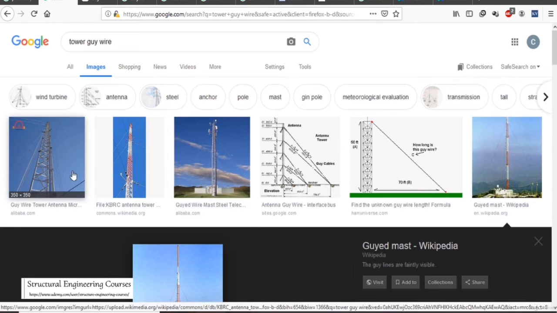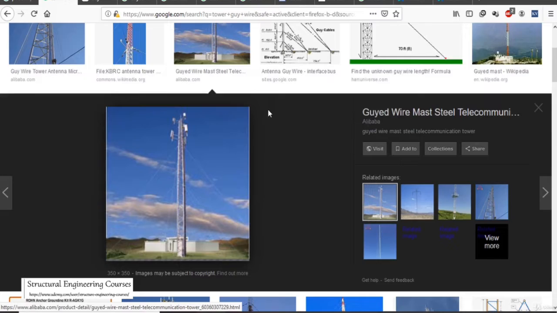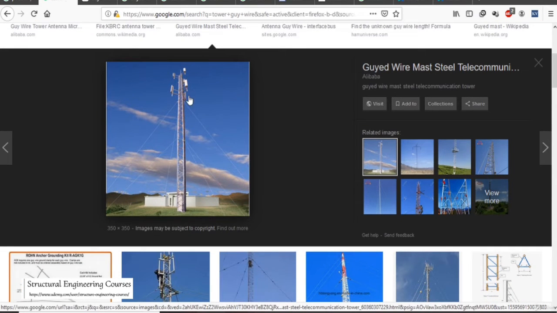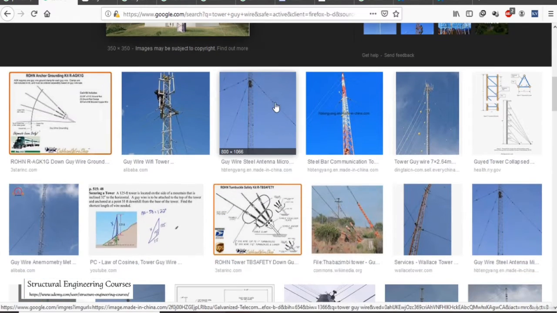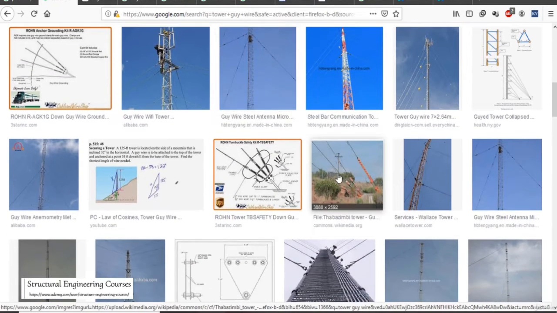In this example we can see that this is a mast tower or a radio tower that is suspended by these cables. You must have seen them in real life also. If you are a site engineer, you must have seen a lot of these structures in real life. So basically the structure is supported with the help of cables itself. There are many other practical structures also.